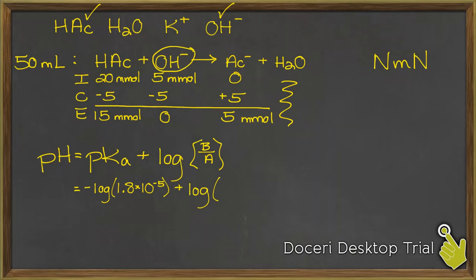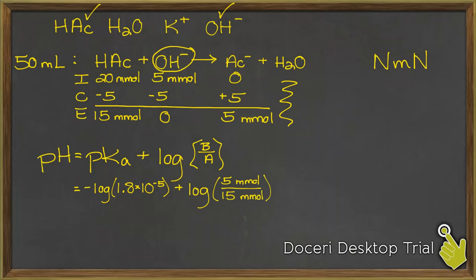Now which one of these pieces, acetic acid or the acetate ion, is the base in this scenario? That would be AC minus. It's a conjugate base, but it's a base nonetheless. So I'm going to put that one there and this one there.